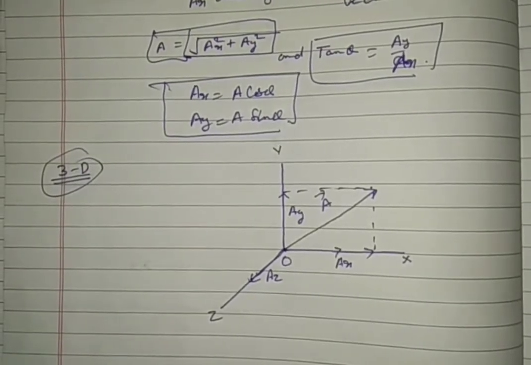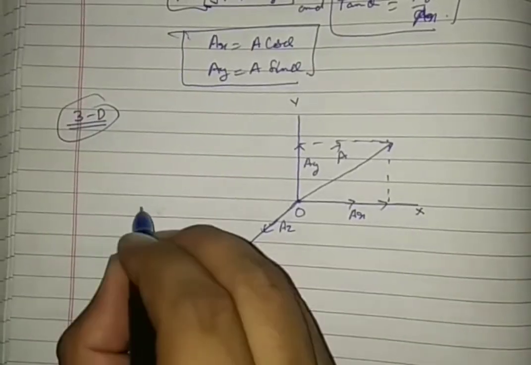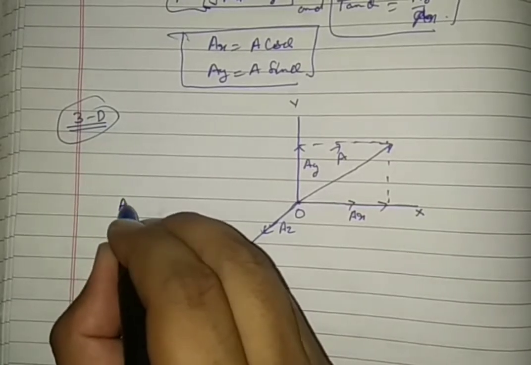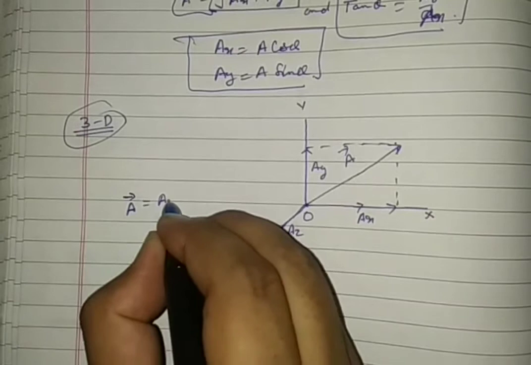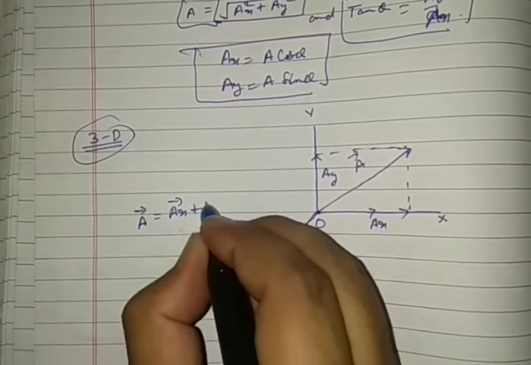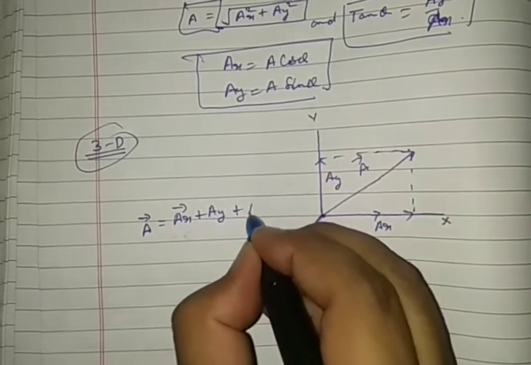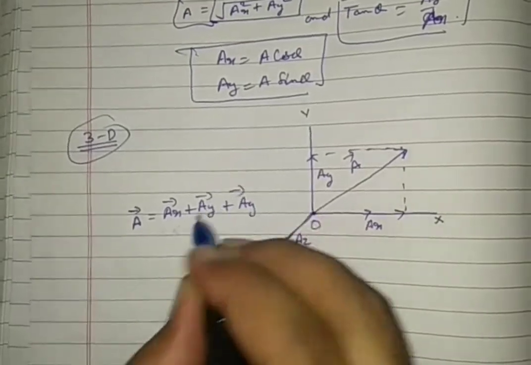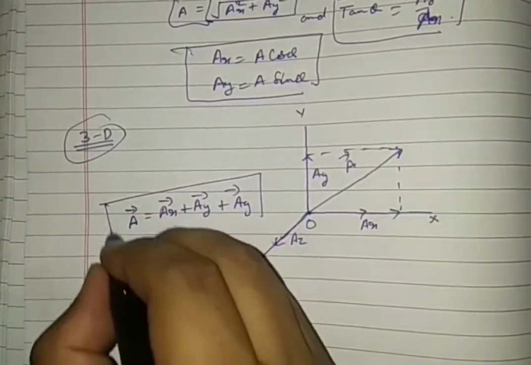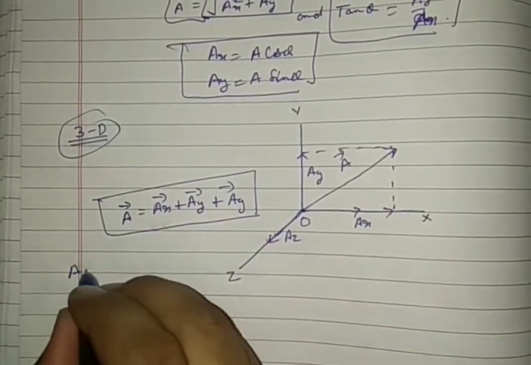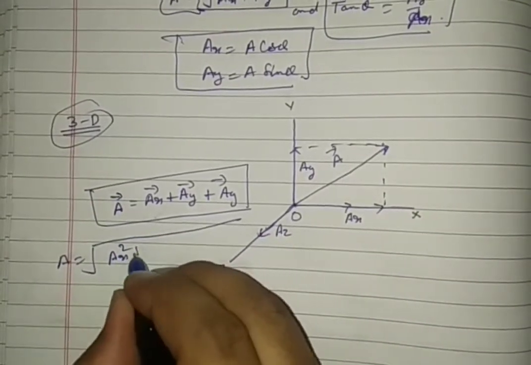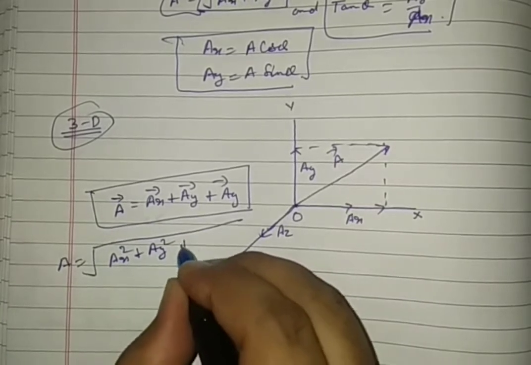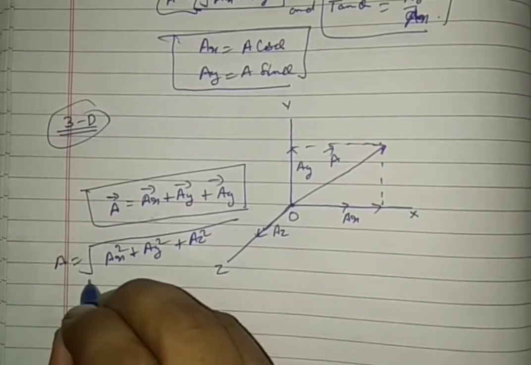The 3 components of the same vector, and mathematically vector A is the sum of Ax plus Ay plus Az in vector notation, and A is equal to the square root of Ax square plus Ay square plus Az square.